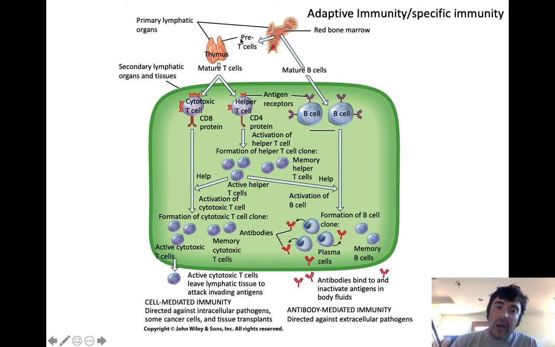Now, where the thymus becomes involved is the red bone marrow produces lymphocytes. You have B lymphocytes. Notice that when it comes into contact with an infection, it creates a small subpopulation of memory cells. So both antibody-mediated immunity and cell-mediated immunity, you have a memory component to them, and it's a specific response.